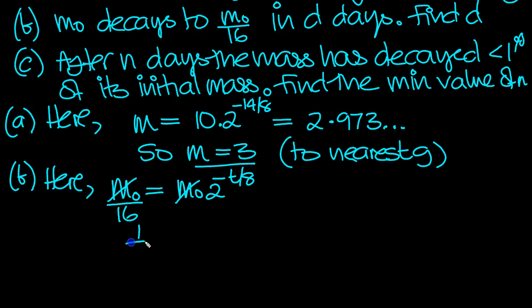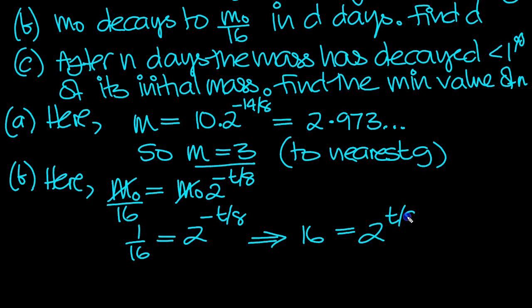And we get 1 over 16 is equal to 2 to the minus t over 8. If we invert both of them, so the 16 can be switched upside down, and if we flip this upside down, we can flip the index basically. Simple as. Now 16 can be written as 2 to the power 4, and that's equal to 2 to the t over 8. So when does t over 8 equal 4?